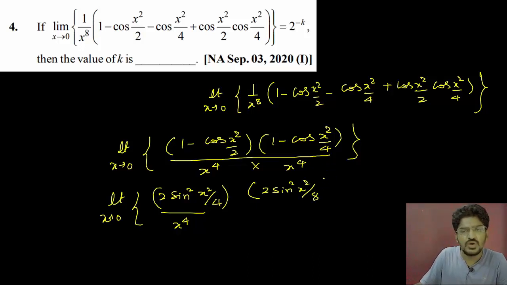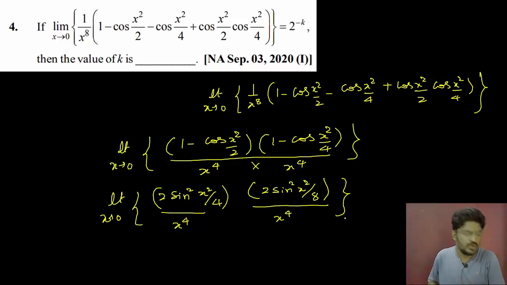Okay. So 8 divided by x to the power of 4. Divided by x to the power of 4. Clear? So now easily we can write these terms as, 2 into 2 is 4. You can write it outside, no problem.